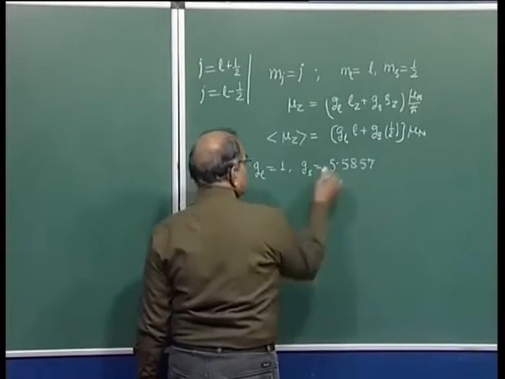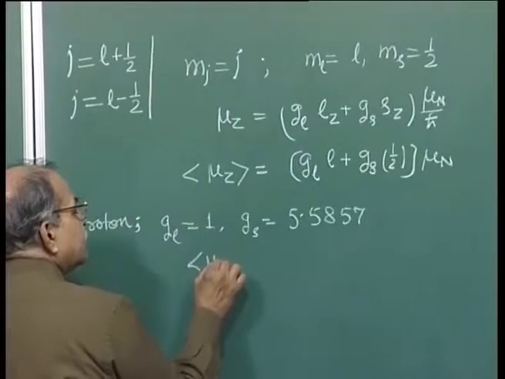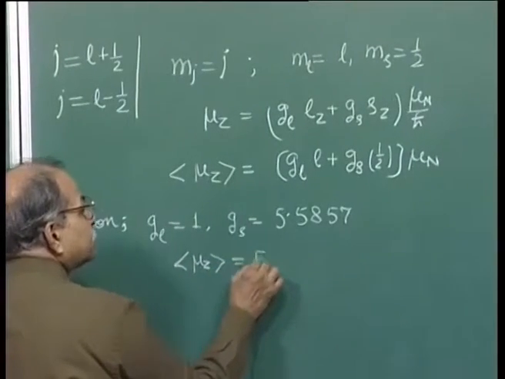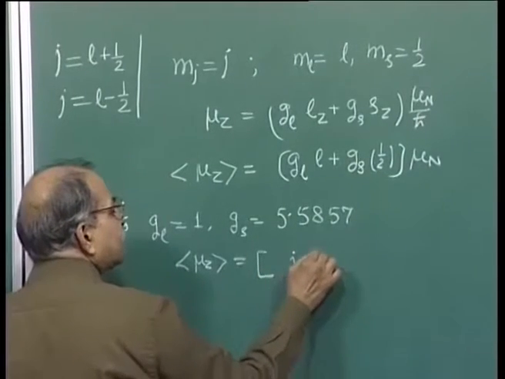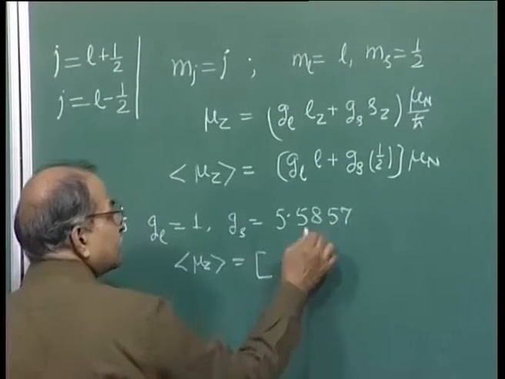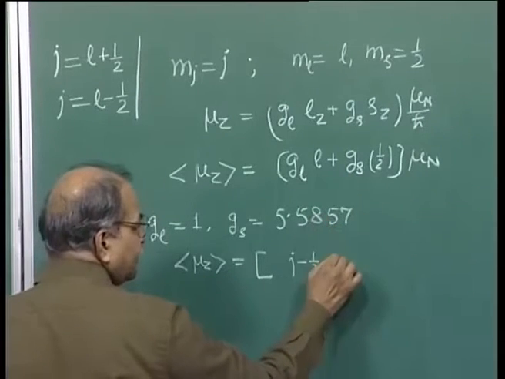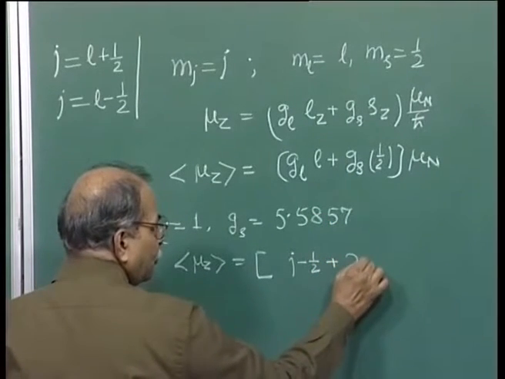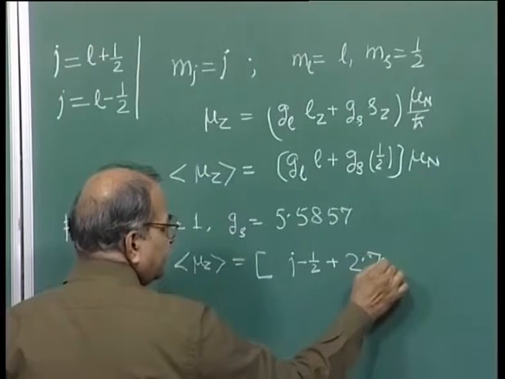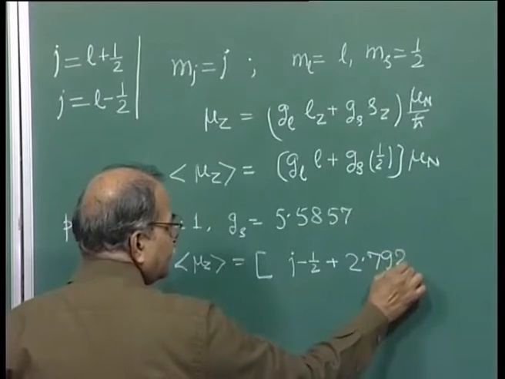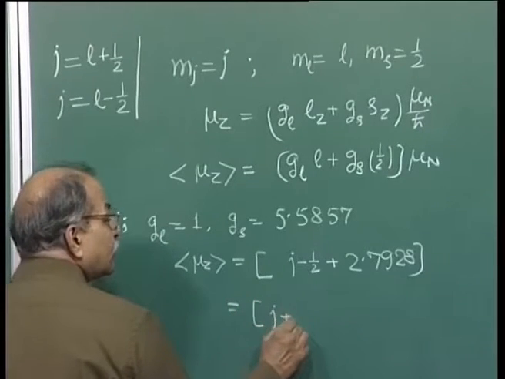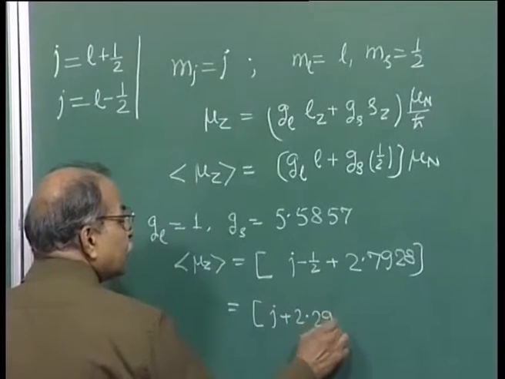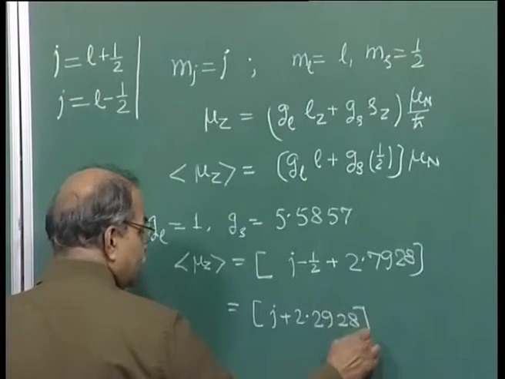So you substitute those things and mu z is equal to, GL is 1, L you can write as J minus half, and then this divided by 2, so plus 2.7928, which gives J plus 2.2928 times mu n.